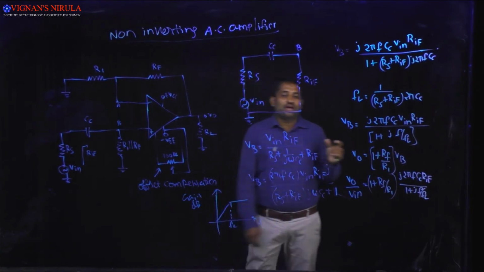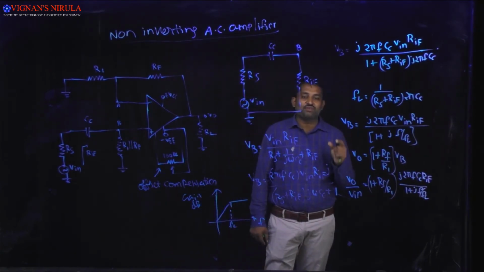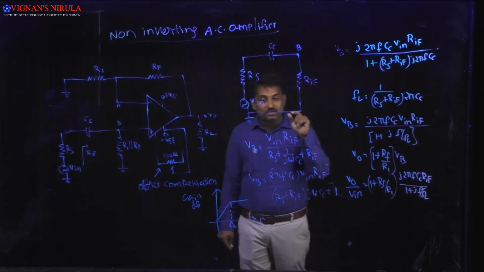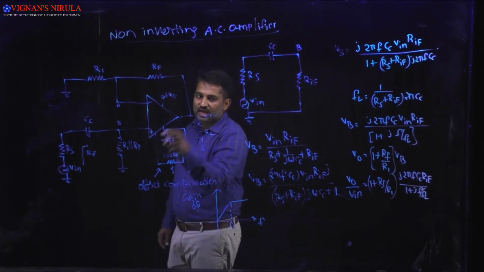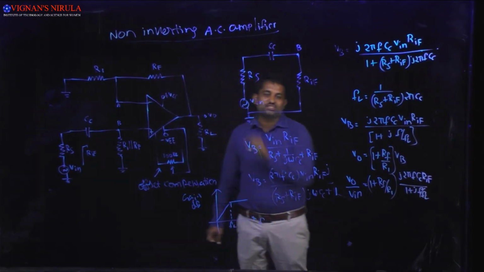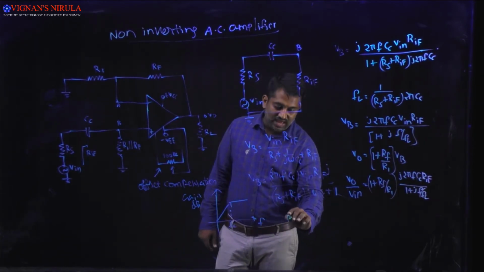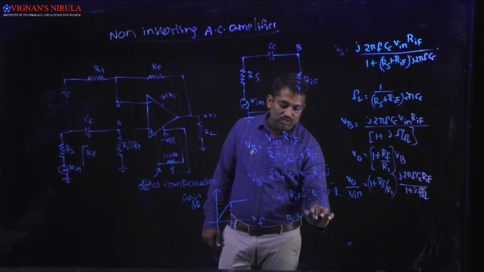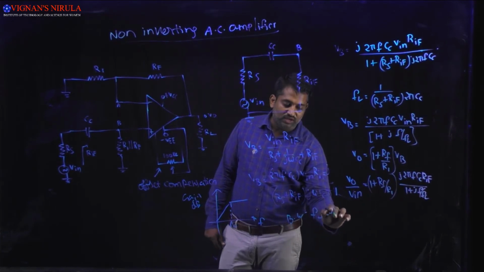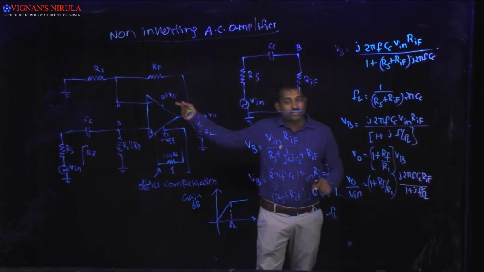The higher cutoff frequency fh depends upon the closed loop gain of the AC amplifier in this case. So finally the bandwidth will be equal to fh minus fl.